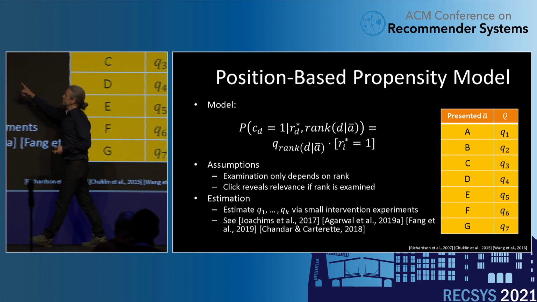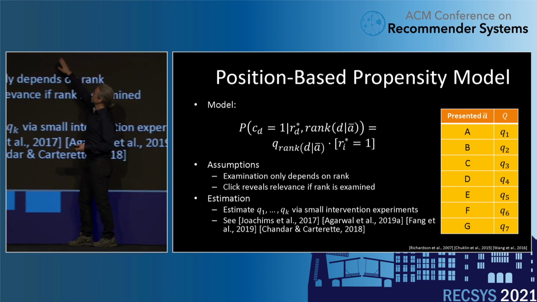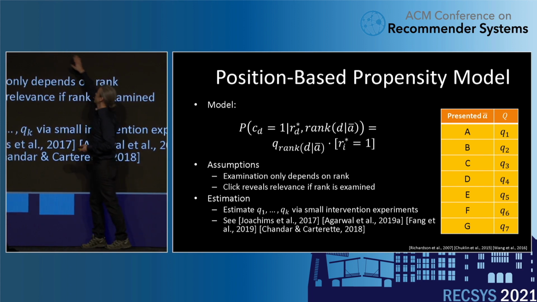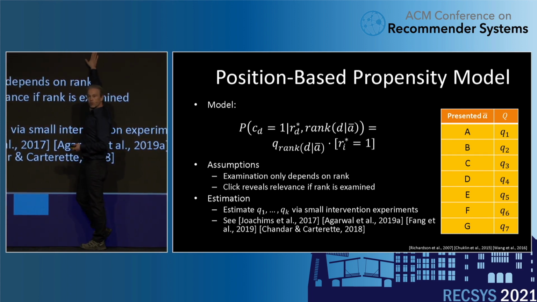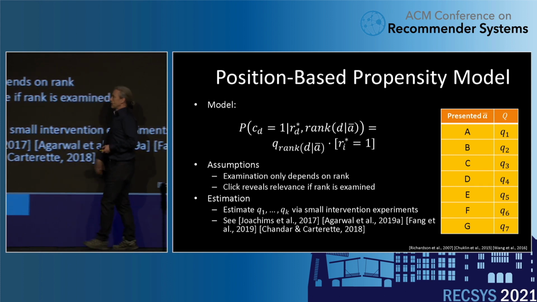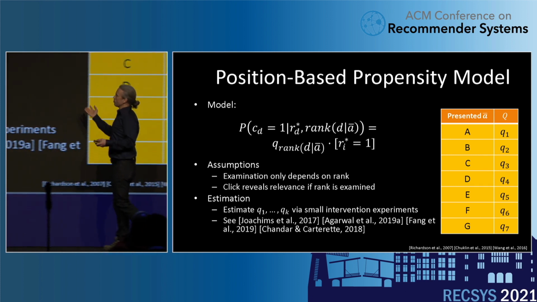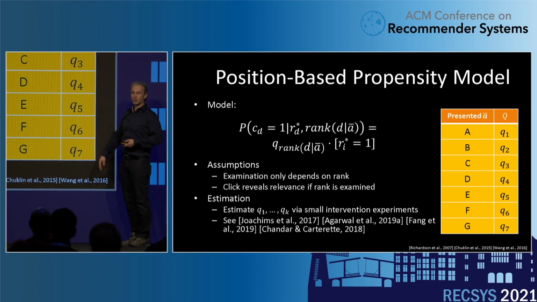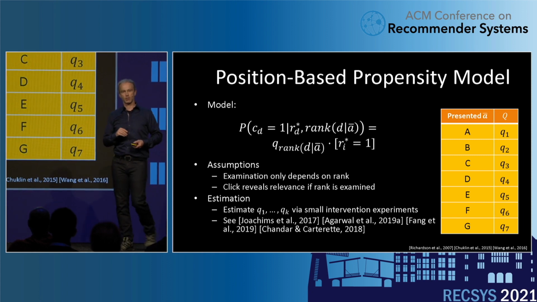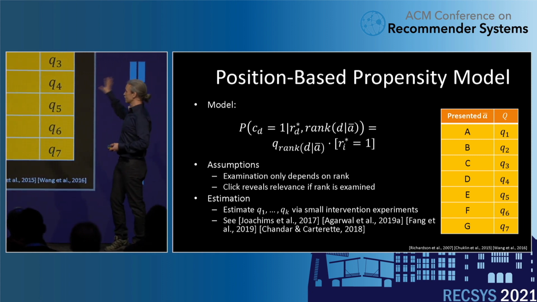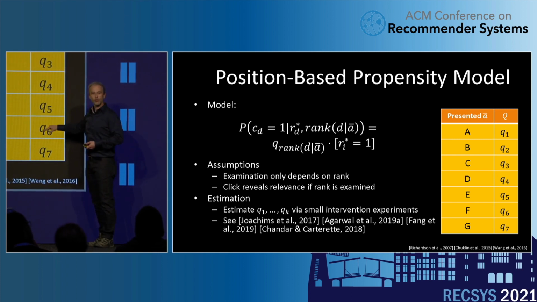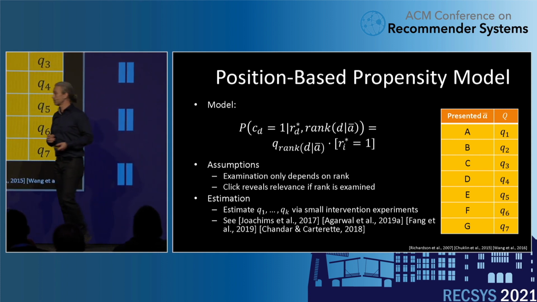And so that means that the probability of the click is just the probability that the user goes to this rank times whether it's relevant or not. And so that is a simplifying model. It doesn't take any dependencies into account. It's a little bit like the independent model that Yuta had in the beginning, but here we're not doing any explorations. We're just using the fact that users are random in how far they go down, and that's the randomness that we exploit.